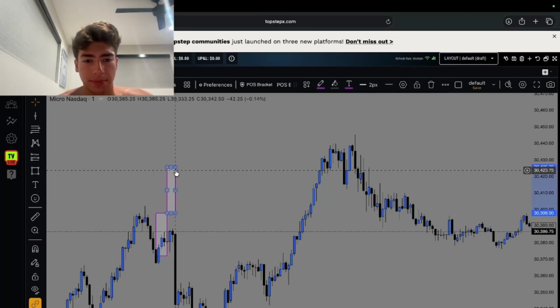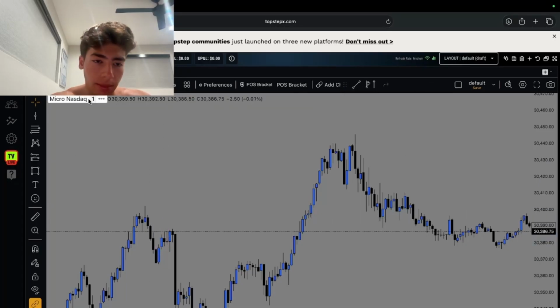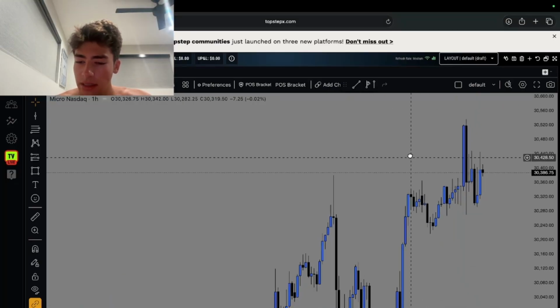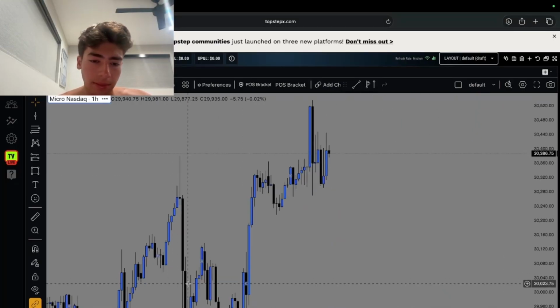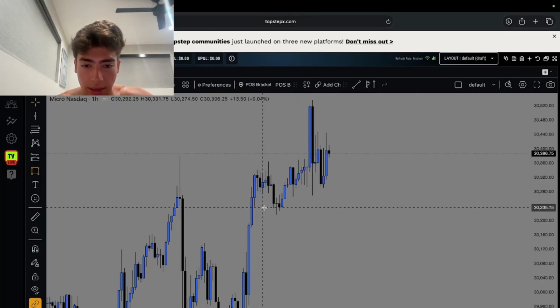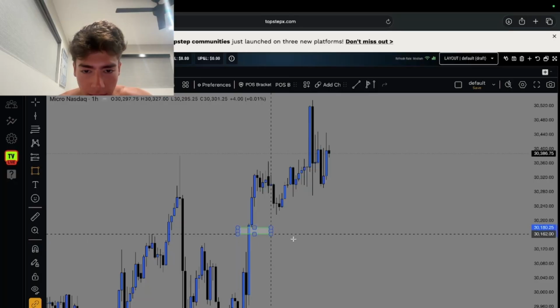I'm going to go to the hourly time frame. Keep getting your eyes adjusted to this. So these should stand out very obviously to you. You should see this bullish fair value gap right here, and there's actually two of them. From this wick to this wick, we'll draw that one out.